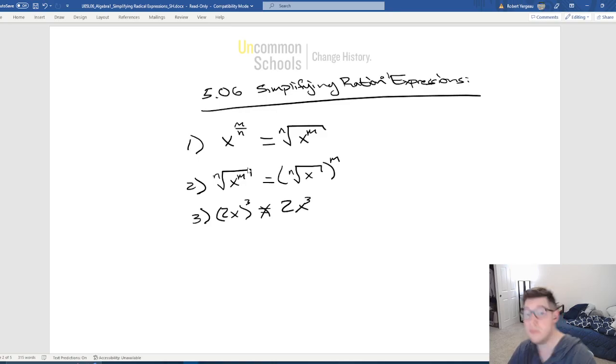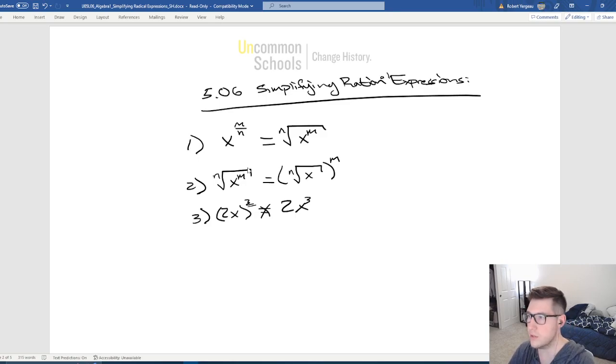I know they sound the same when I say them. However, 2x all cubed is incredibly different than just 2 times x cubed. Remember, the reason for that is the distribution of this power right here needs to happen to each of those terms. So we saw it in the do now. We're again just going to name it and stamp it and write it so that we are hopefully doing our best to avoid this potential error.